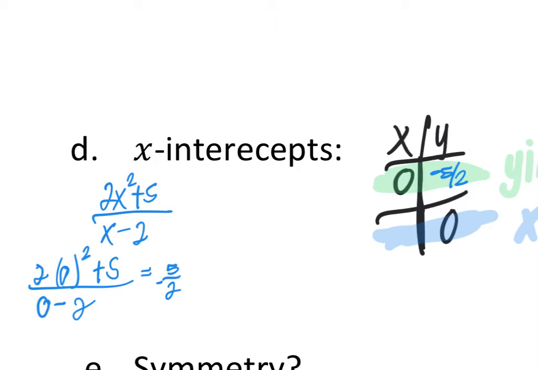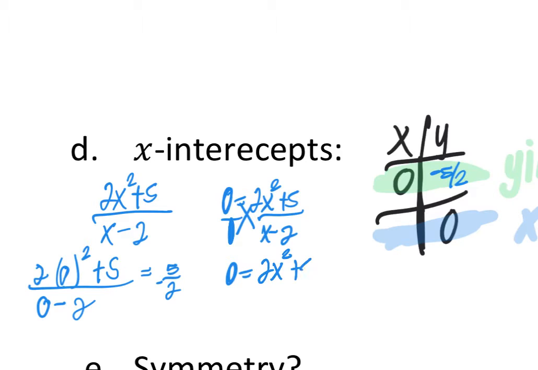When you plug 0 in for y, you're just saying 0 equals 2x squared plus 5 over x minus 2. And what you can do here is some cross multiplication, and you end up with 0 equals, because 0 times x minus 2 is 0, and you're saying 1 times 2x squared plus 5. So 0 equals 2x squared plus 5.